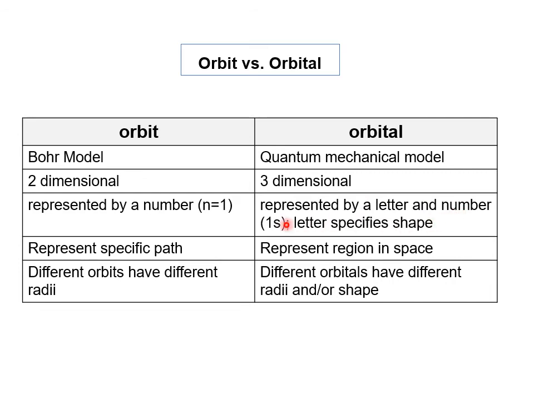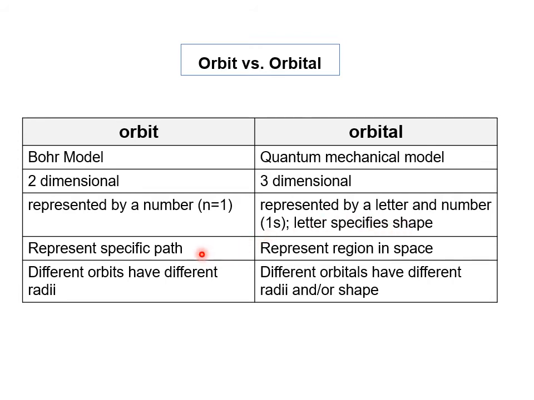The number is just like the Bohr model, but the letter actually specifies the shape. Whereas in the Bohr model we only had one shape, all of them circular, in the quantum mechanical model, as you'll see, they have many different shapes.